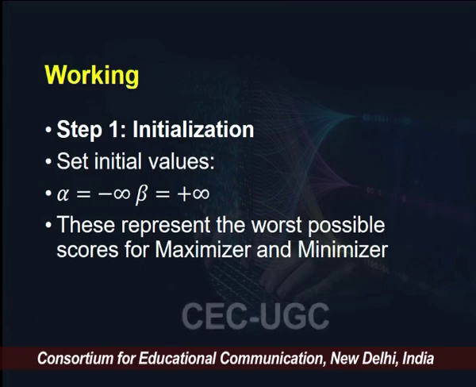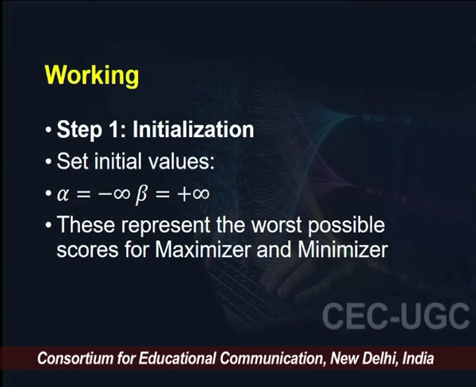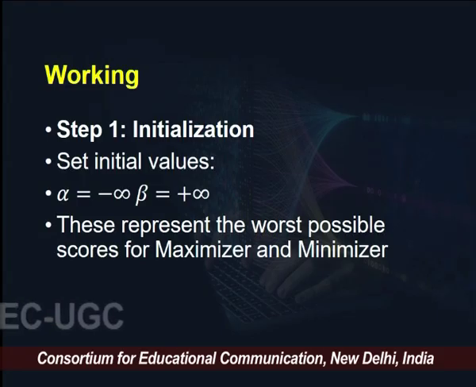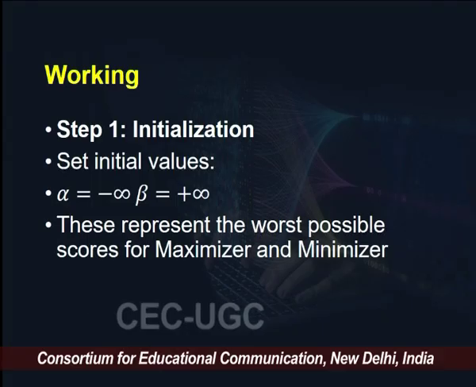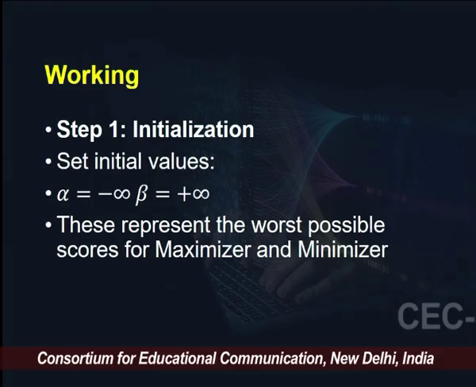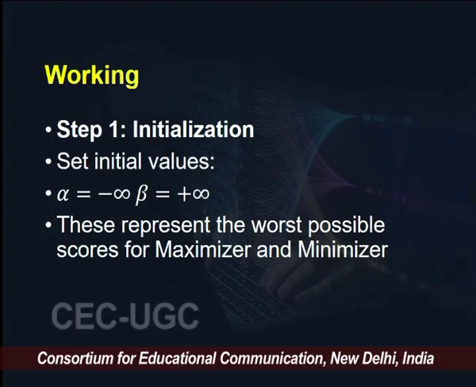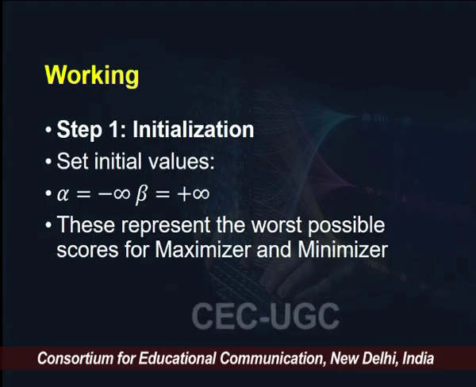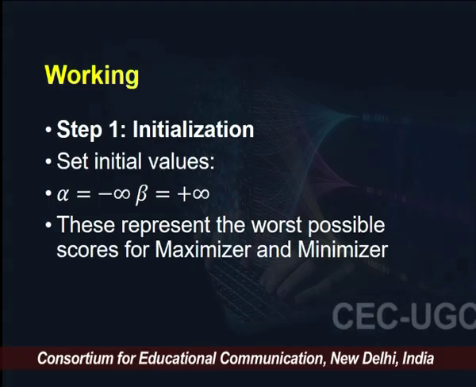These represent the worst possible scores for the maximizer and the minimizer, and we need to pull these scores up, or optimize them.